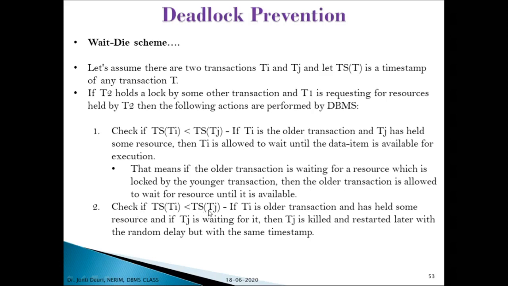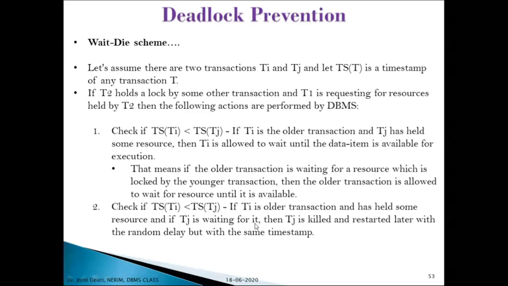The next option is the other action they can take. If Ti is older than Tj, and the resource is held by Ti, so Ti is older as well as holding the resource, then what will happen?